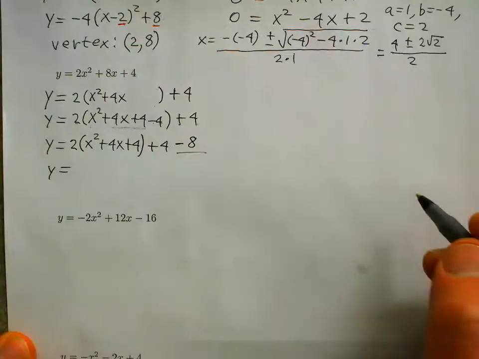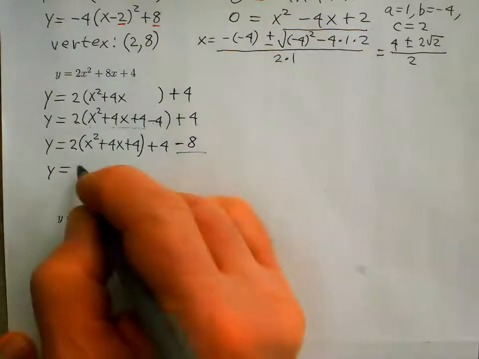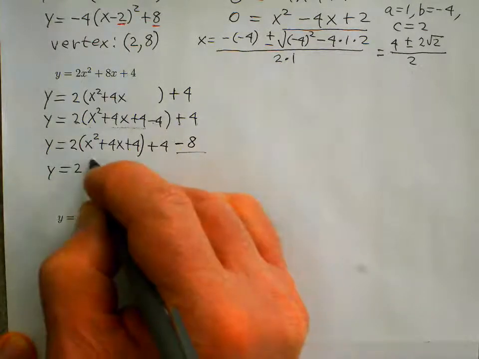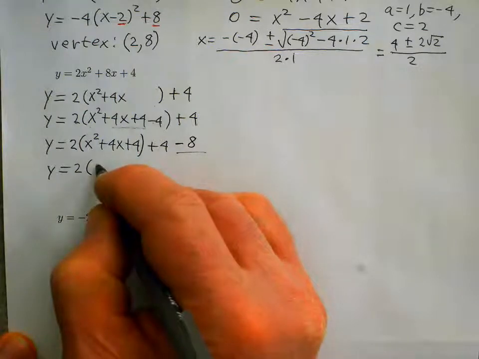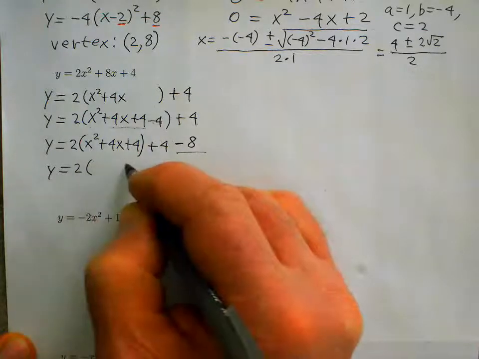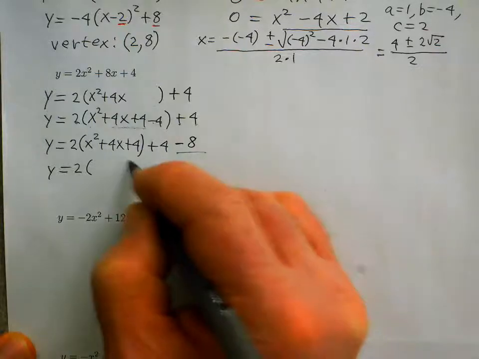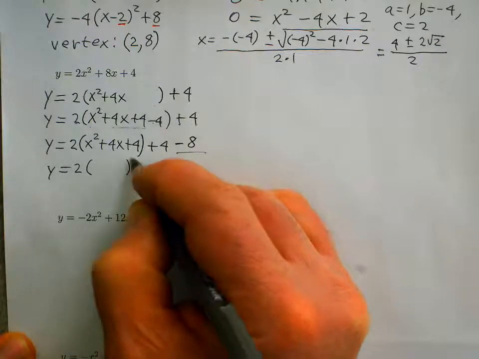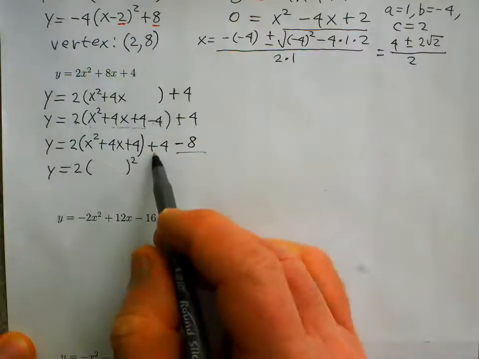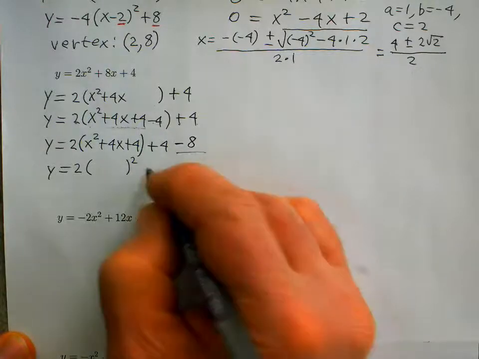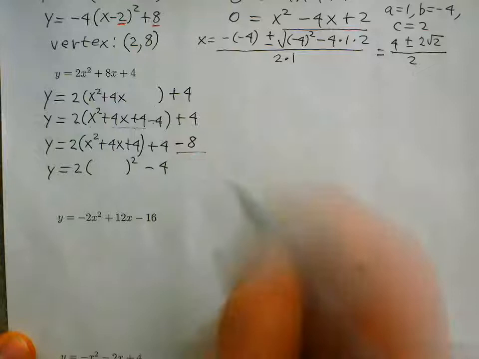Okay, the next step is the vertex form. So y equals 2 times... What binomial do we square to get x squared plus 4x plus 4? On the outside of the parentheses, plus 4 minus 8 is minus 4.